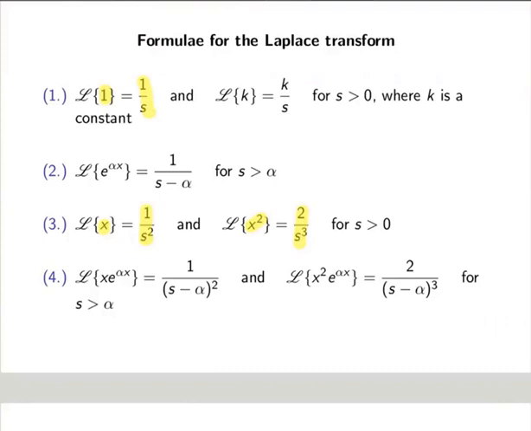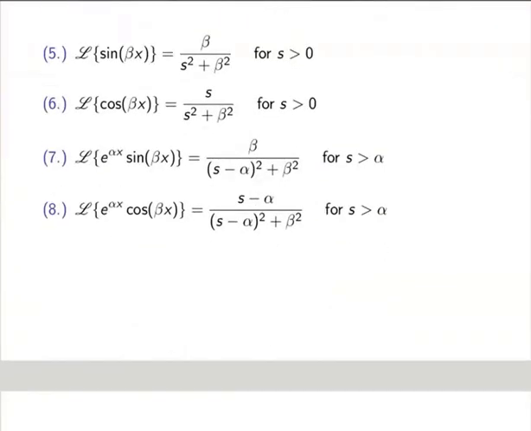We also have the Laplace transform of trigonometric functions, sine and cosine, like these. Of course, when we are given formulas, we need to apply them correctly. For example, the formula here says the Laplace transform of sine of beta x equals beta over s squared plus beta squared. So, for example, if we look at the Laplace transform of sine of 2x, then beta would be 2.